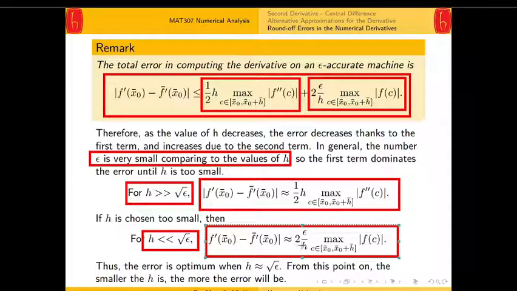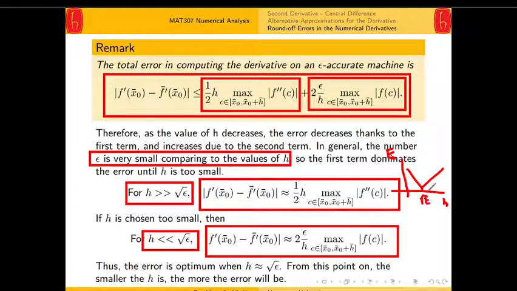Okay, so as a result, we have a graph of the error like this. Say this is the graph of error versus h values. This is h and this is error. The error will decrease until some point here. This point will be root epsilon.